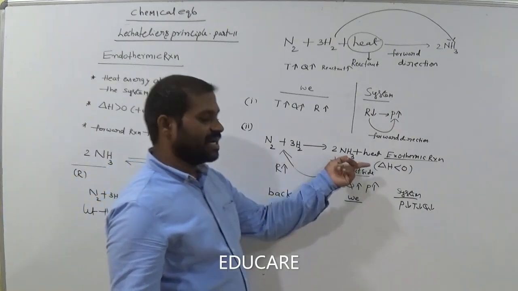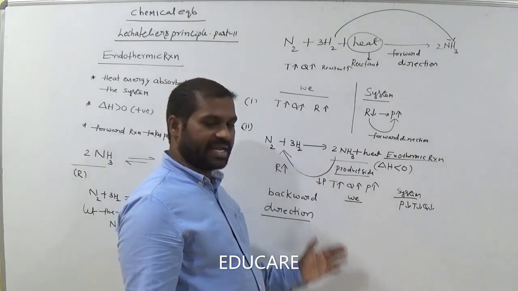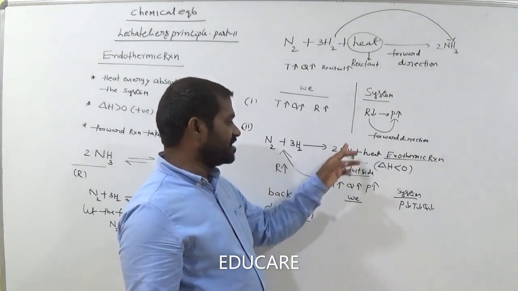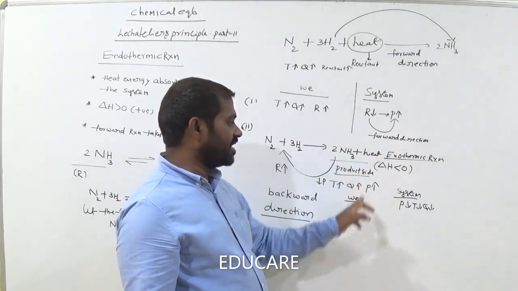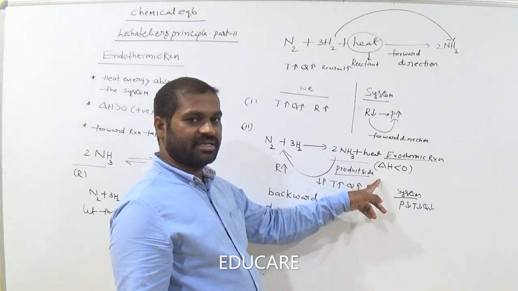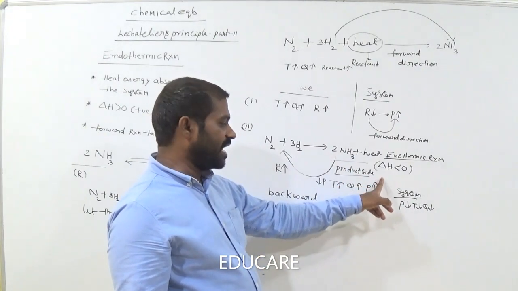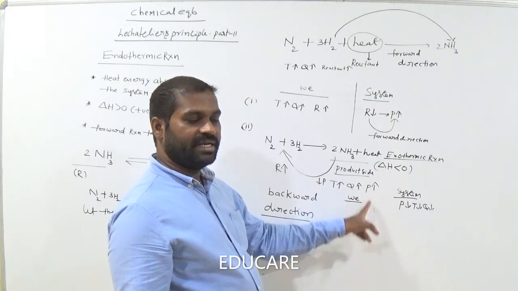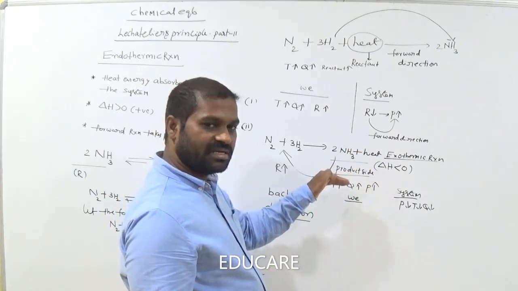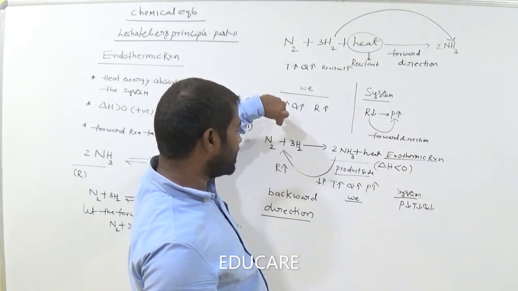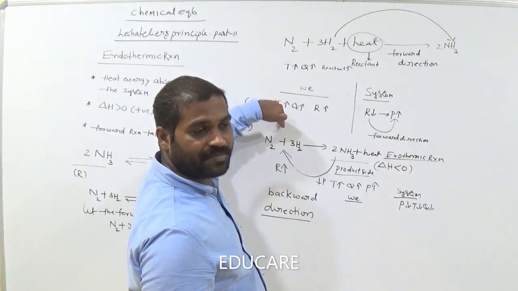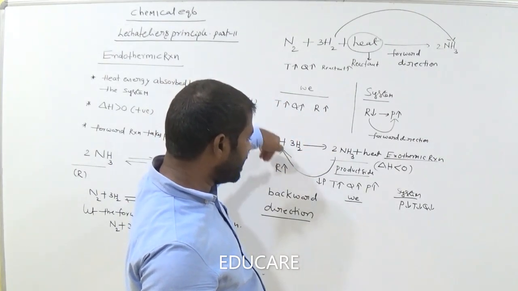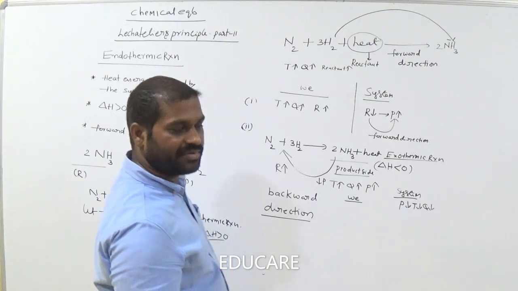So here heat energy is applied at the product side, that is an exothermic reaction. So now temperature is high, heat energy is also high, that means product is also high. Now the system tries to decrease the product concentration. Decreasing the product concentration means it is converted into reactants, am I right? So the reaction takes place in the backward direction. Is it clear, all of you?